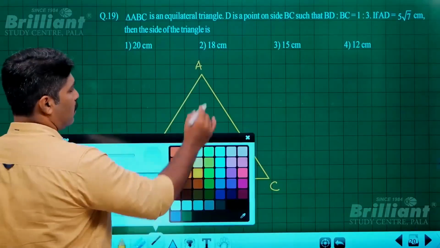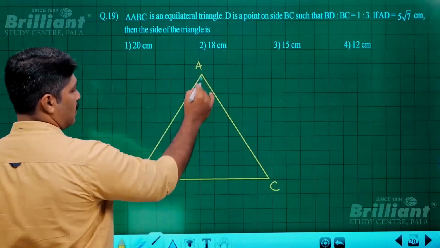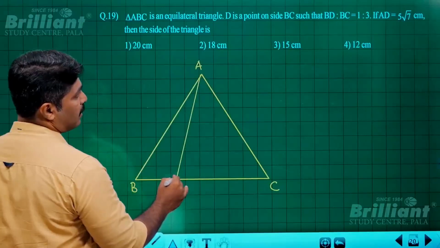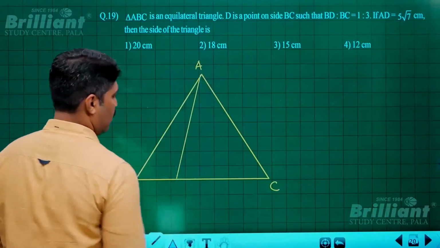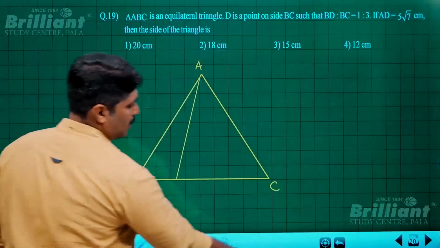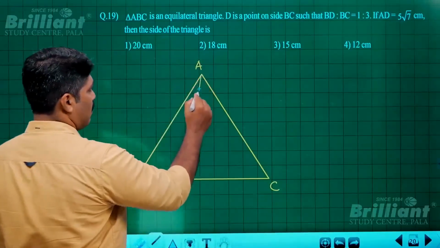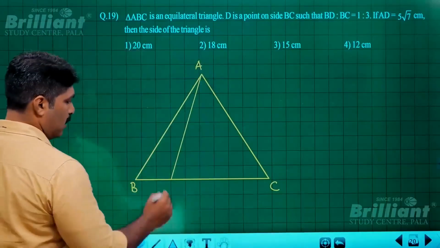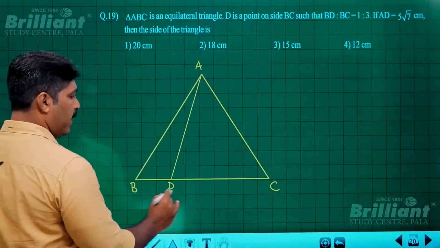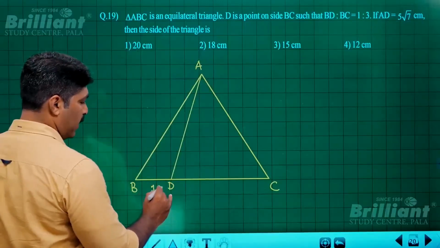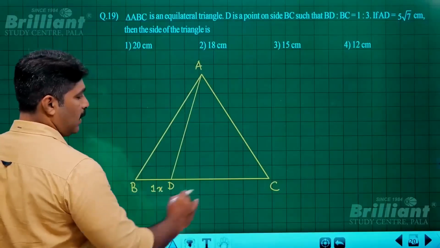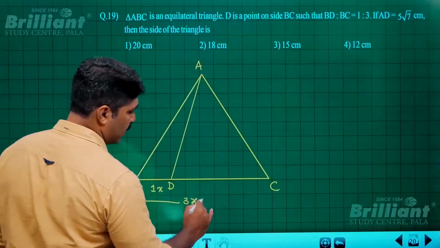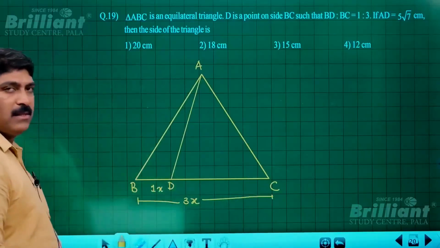So I just draw such a line here. Suppose that will be like this. So this point is D. Here BD is 1x, we just consider, and BC, the total, is equal to 3x.